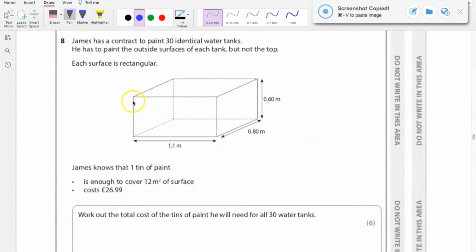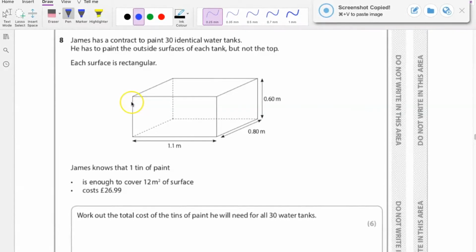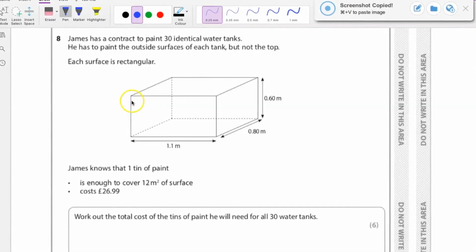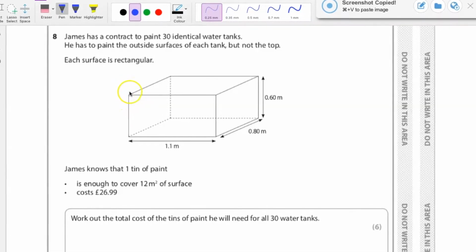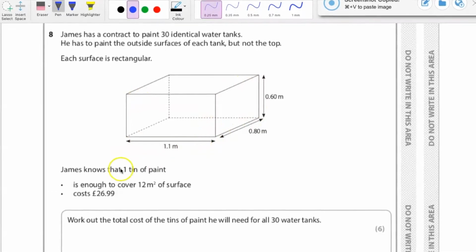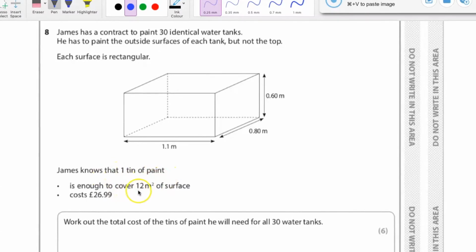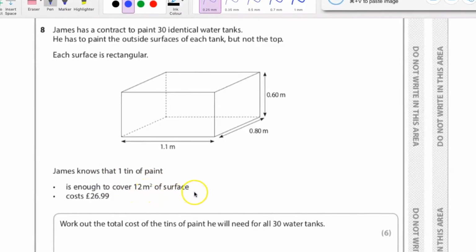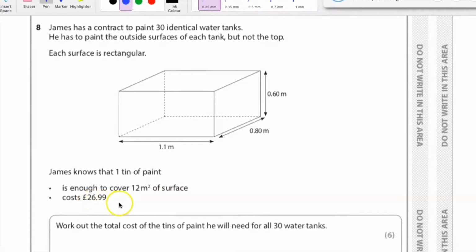Question 8. James has a contract to paint 30 identical water tanks. He has to paint the outside surfaces of each tank, but not the top. Each surface is rectangular. James knows that 1 tin of paint is enough to cover 12 square meters of surface, and the cost is £26.99.